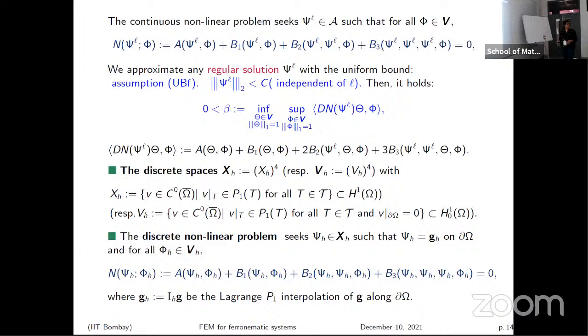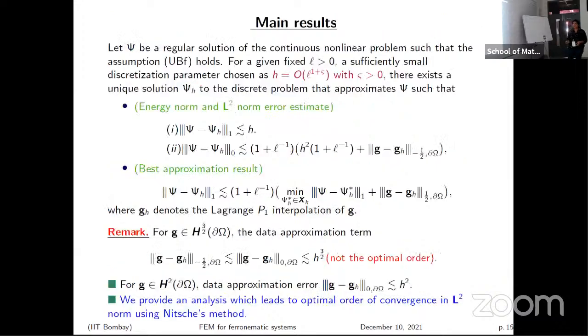So we have considered this g_h to be the P1 Lagrange interpolation of g along the boundary. These are the main results in the finite element analysis. So we consider psi to be, here the superscript A is suppressed here, a regular solution of the continuous nonlinear problem such that the uniform bound holds.